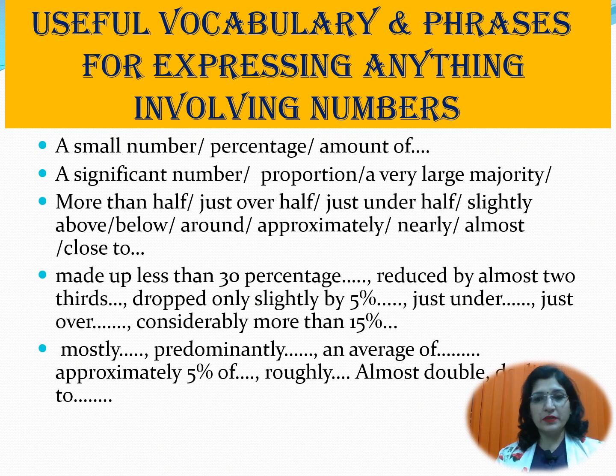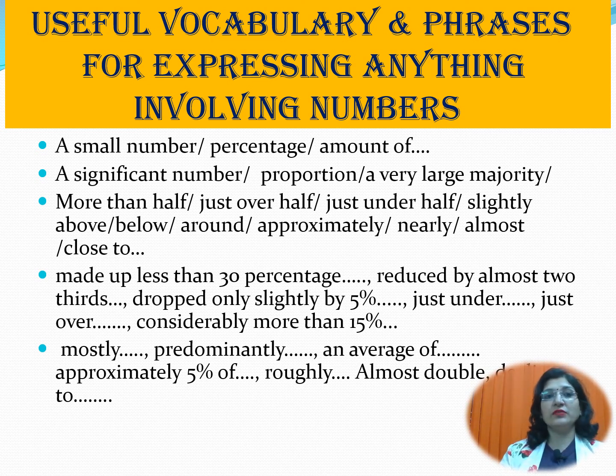How to write numbers, figures and data is a crucial part of analytical paragraph writing. The more clearly you express them, the better. So here are some useful vocabulary and phrases for expressing anything involving numbers. For example, instead of saying 55%, you can say just over half, or if it is 46%, 47%, just under half, slightly above or below, around, nearly, almost.